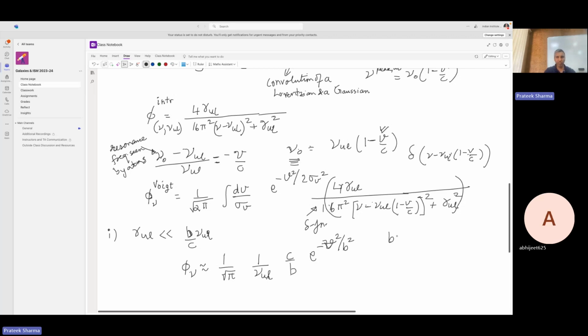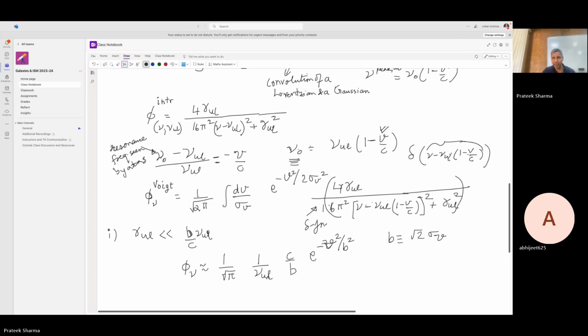B, of course, is square root of 2 times sigma v. And from this delta function, v is nothing but what sets this to 0.